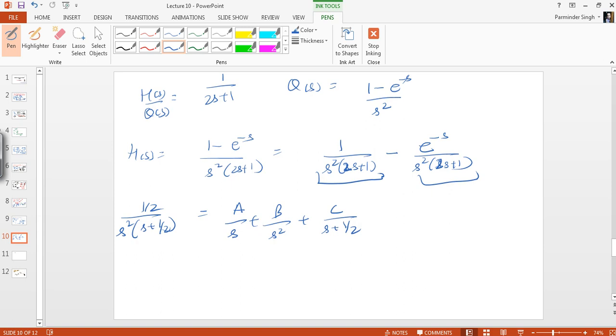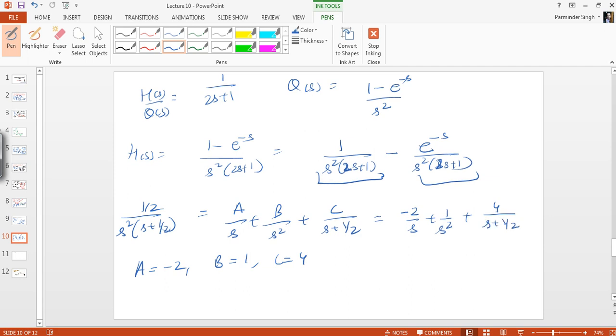Now if you solve for A, B, C, A comes out to be minus 2, B comes out to be 1 and C comes out to be 4. So upon substituting the values of A, B and C, this becomes minus 2 by s plus 1 by s square plus 4 over (s plus 1 by 2).